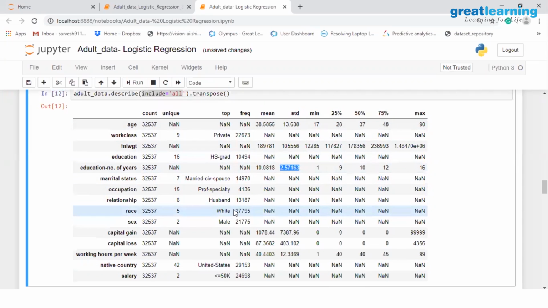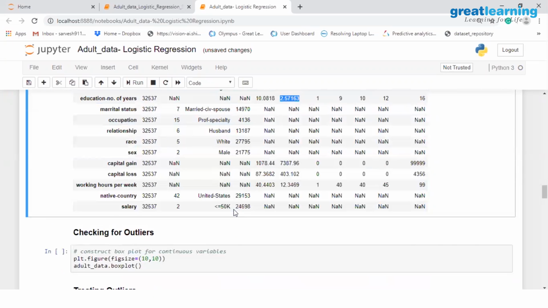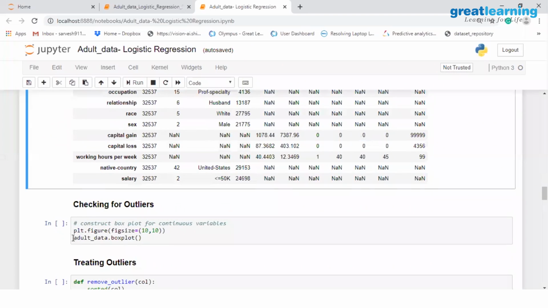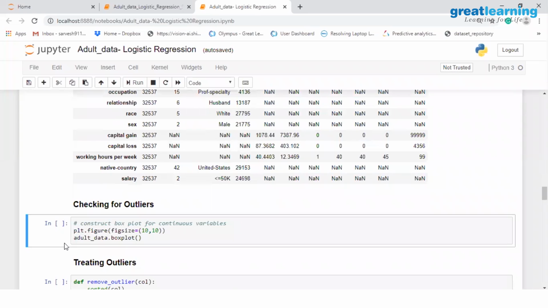These are the basic summary level descriptive stats that we can look at here, and check for the outliers.